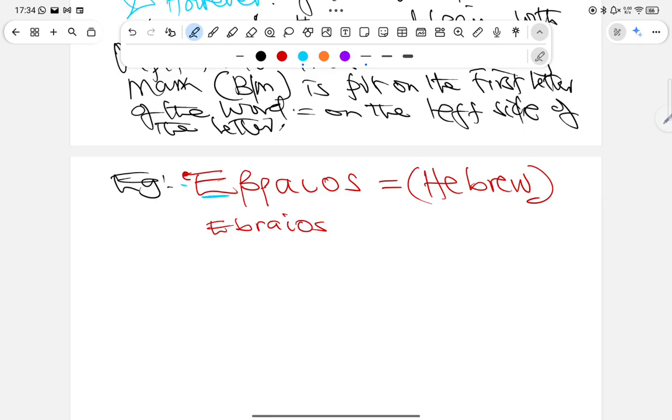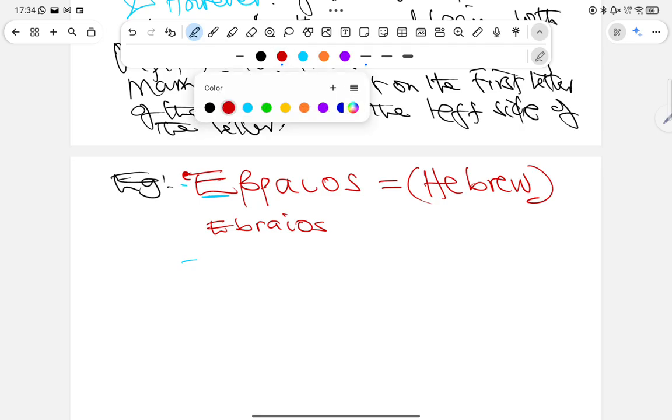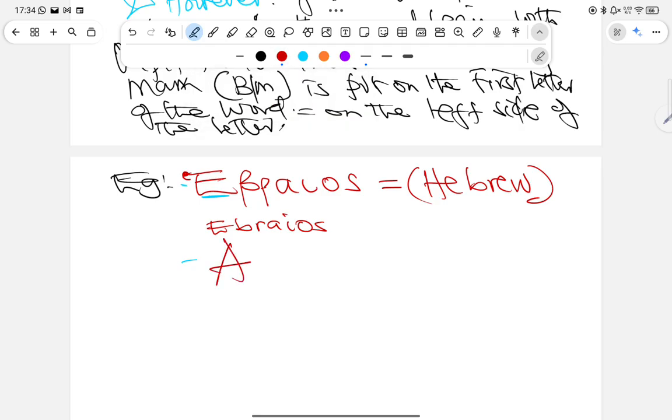Another example is alpha, beta, and rho, and alpha, double alpha, then mu. Again, you notice this.